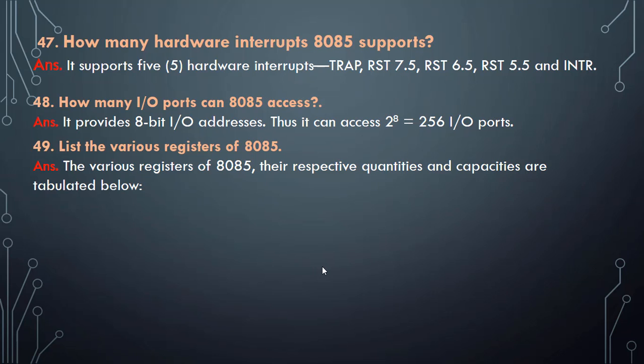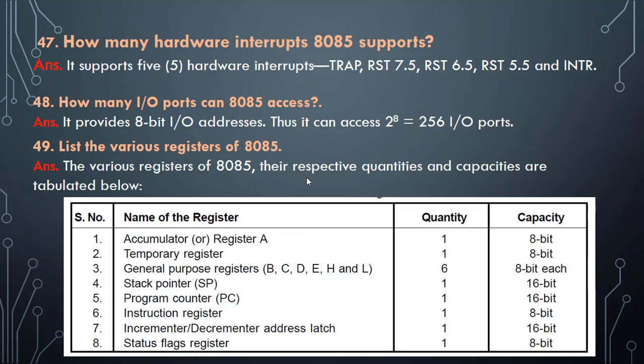The next question, list the various registers of 8085. The various registers of 8085, their respective quantities and capacities are listed below. Here is the list. The first one is the accumulator or register A. This is the only register which stores the result, whose capacity is 8 bits, and it is basically used to store the result of an operation.